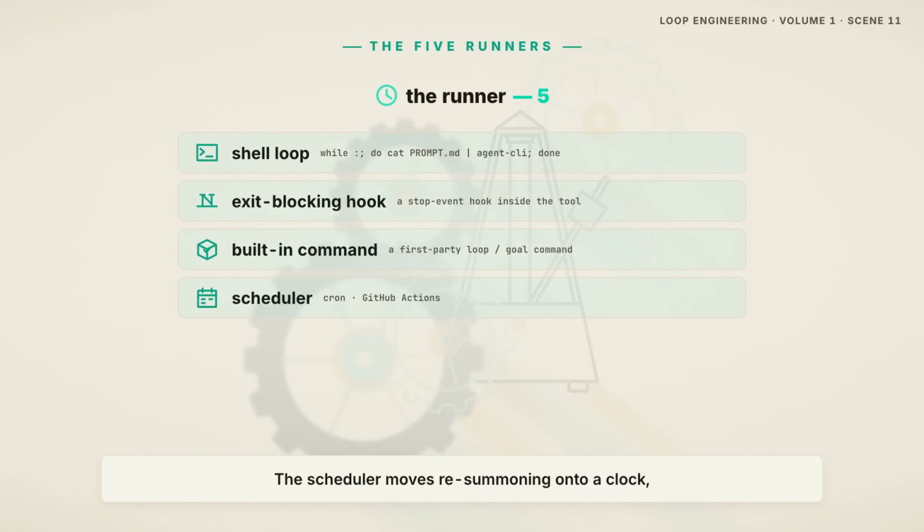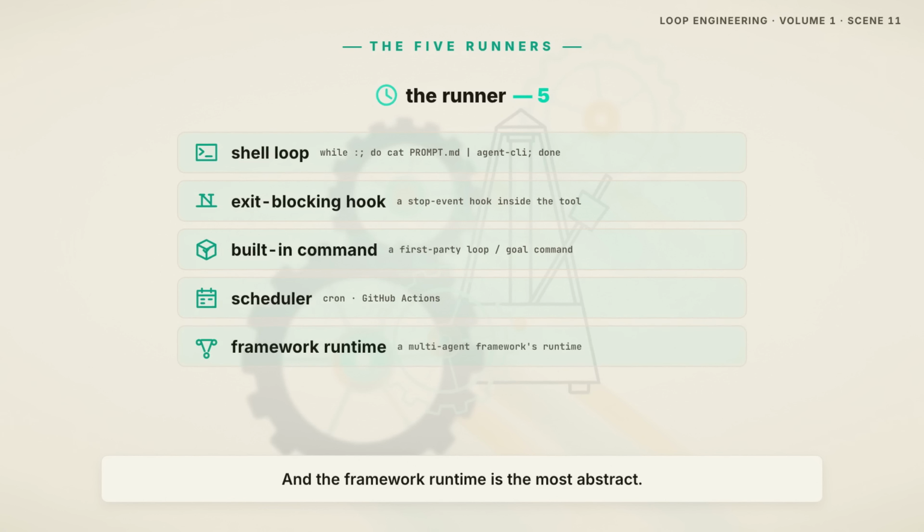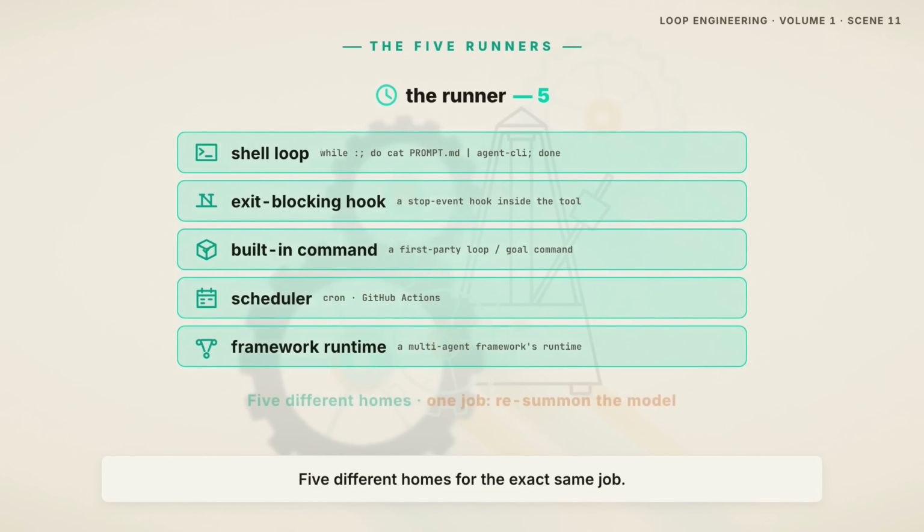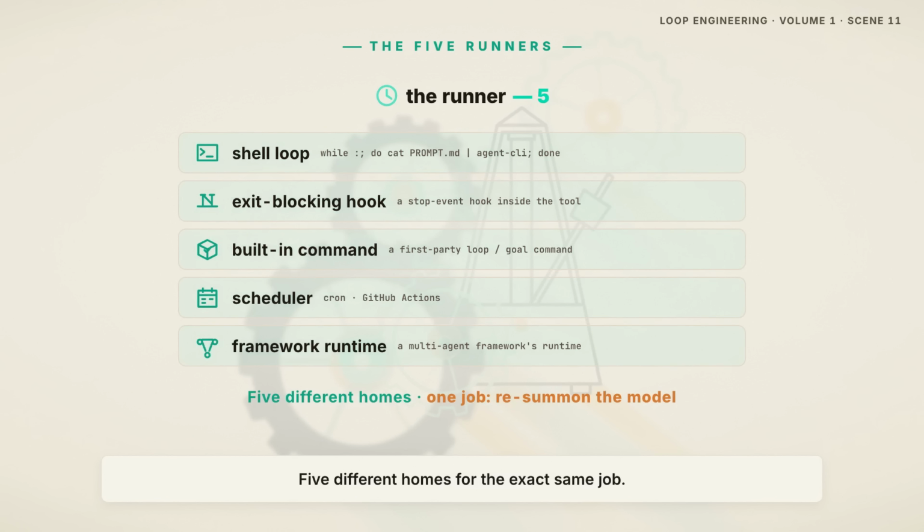The scheduler moves resummoning onto a clock, cron, or a CI job, each firing a fresh lap minutes or hours apart instead of milliseconds. And the framework runtime is the most abstract. A graph engine holds your loop as nodes and edges, and resummoning happens when it follows an edge back to an earlier node. Five different homes for the exact same job.